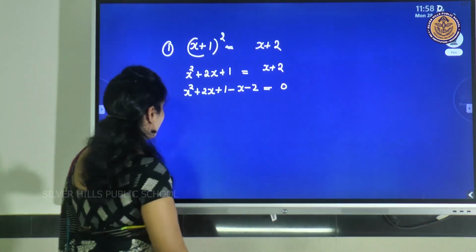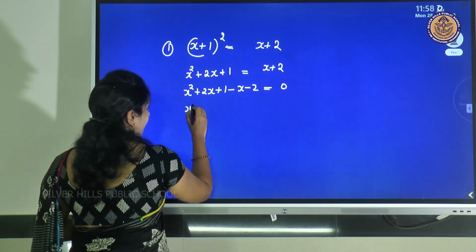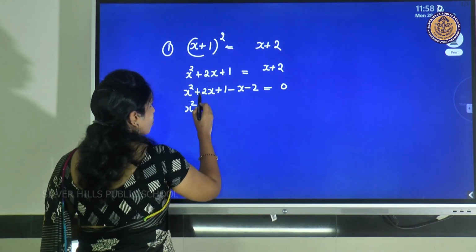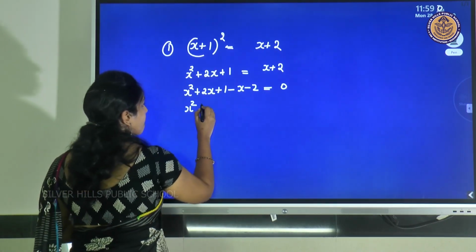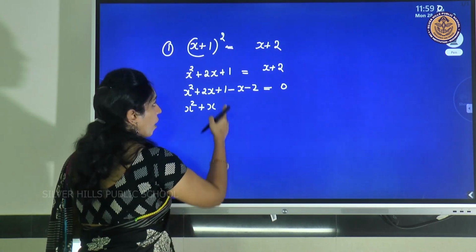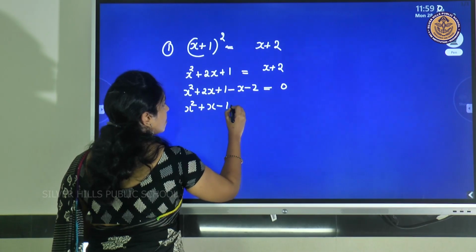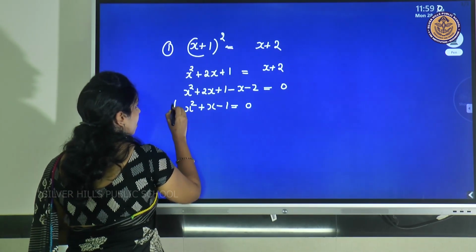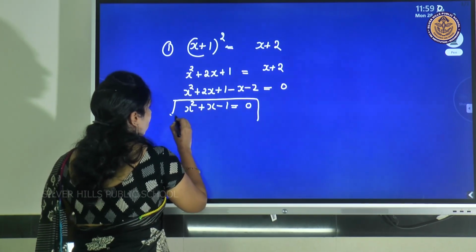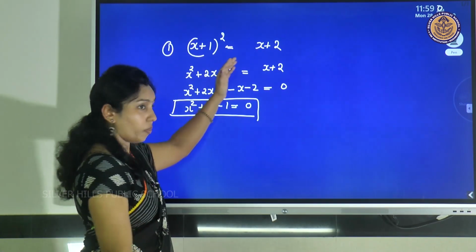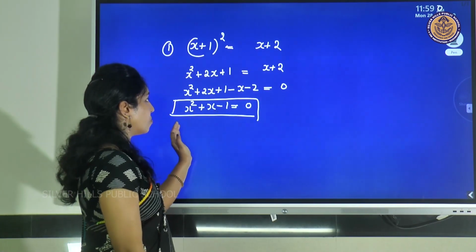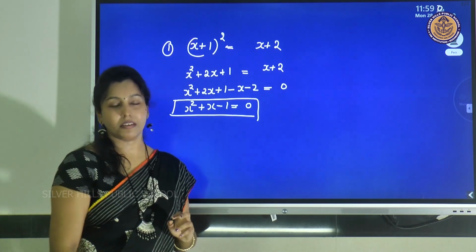Now let us simplify this further. X square, now 2x minus x becomes plus x. You have plus 1 here, minus 2 there, minus 1 is equal to 0. Now look at this. The original equation is reduced to the standard form of a quadratic equation.